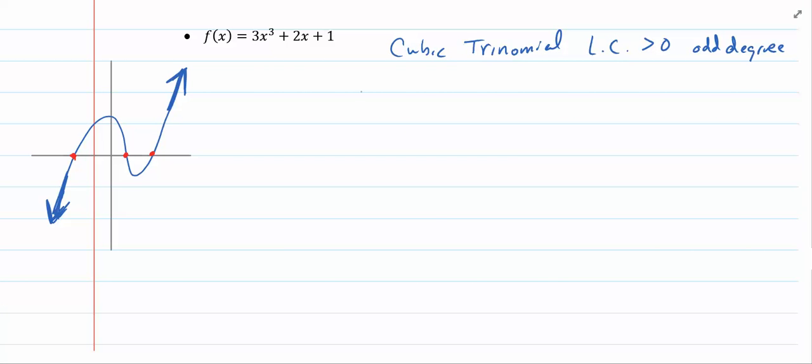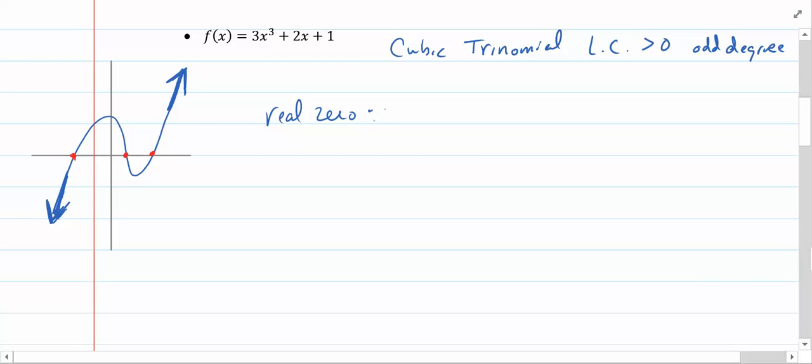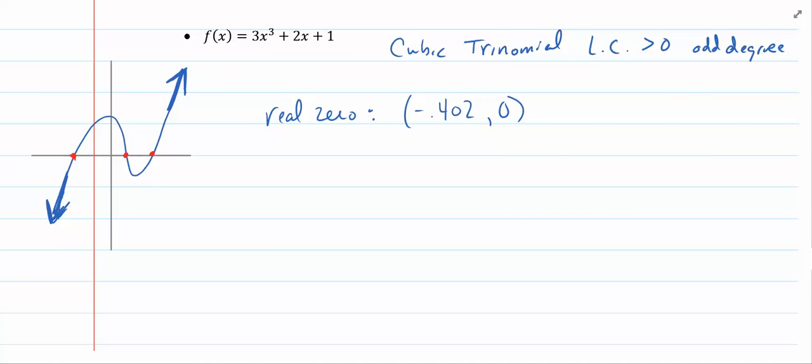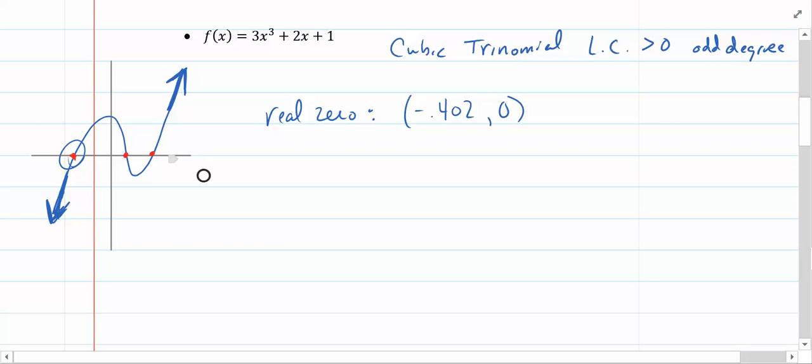So we would say that there's a real 0 at -0.402, comma 0. Again, my estimate was that this would have a little bit more of an extreme curve to it, but they weren't quite that extreme, and we only had the 1 zero value here on the left-hand side, and that's perfectly fine.